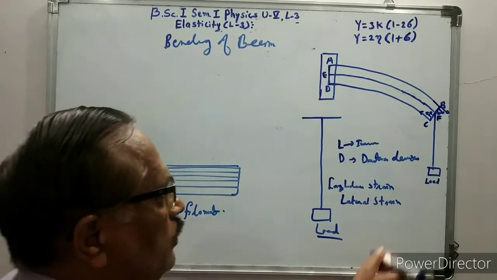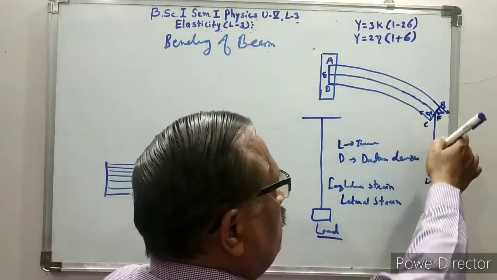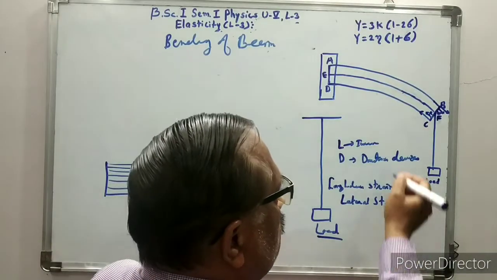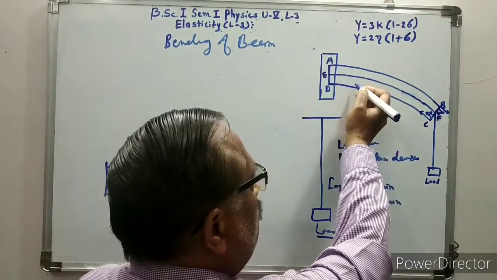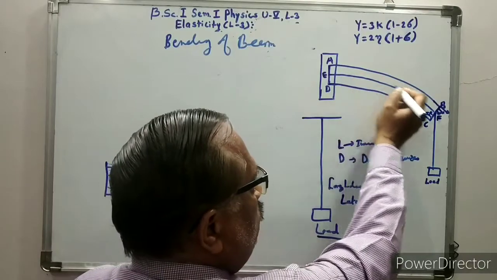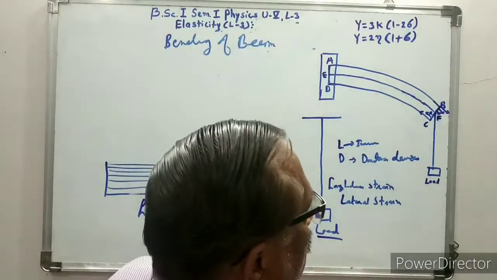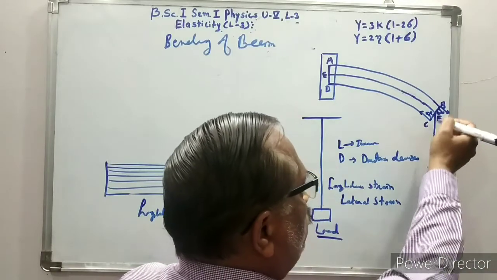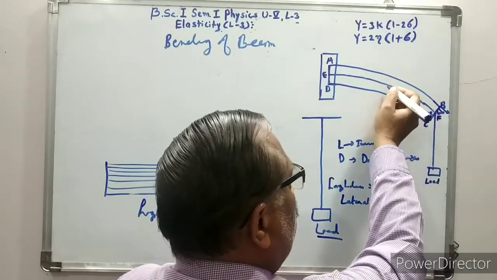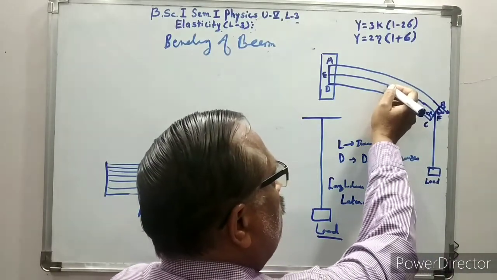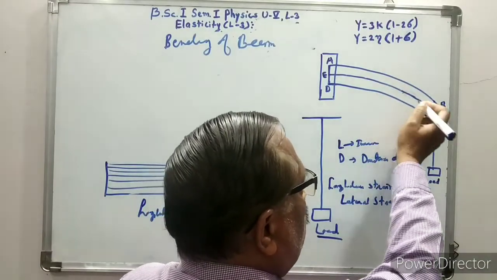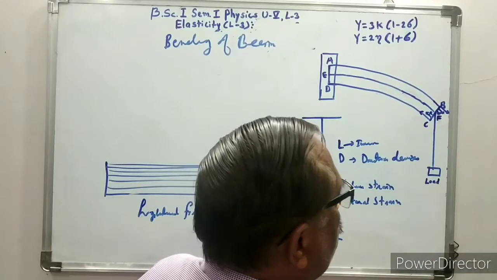When the load is applied, bending takes place, and it is observed that the layers above the middle of the beam are subjected to longitudinal extensional forces, and the layers below the middle layer are subjected to contractional forces.